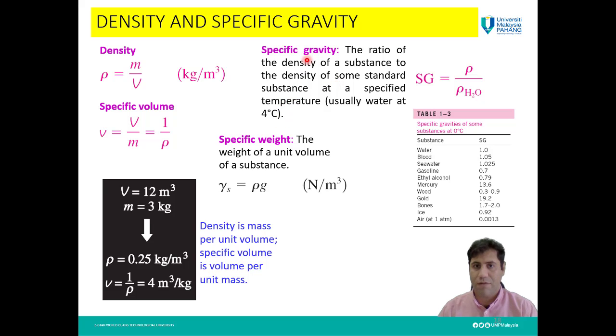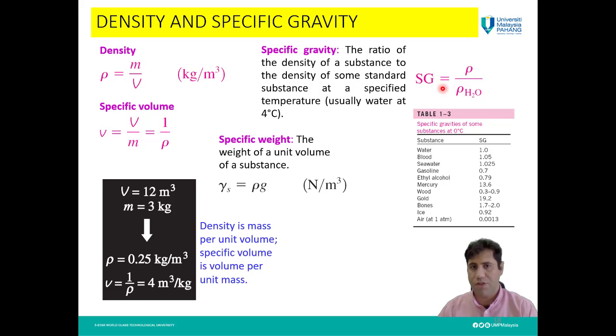Usually, the specific gravity of substances is defined according to the density of water at 4 degrees Celsius. So the density of the substance for which we are going to find the specific gravity, divided by the density of water at 4 degrees Celsius, will give us the specific gravity of that substance.